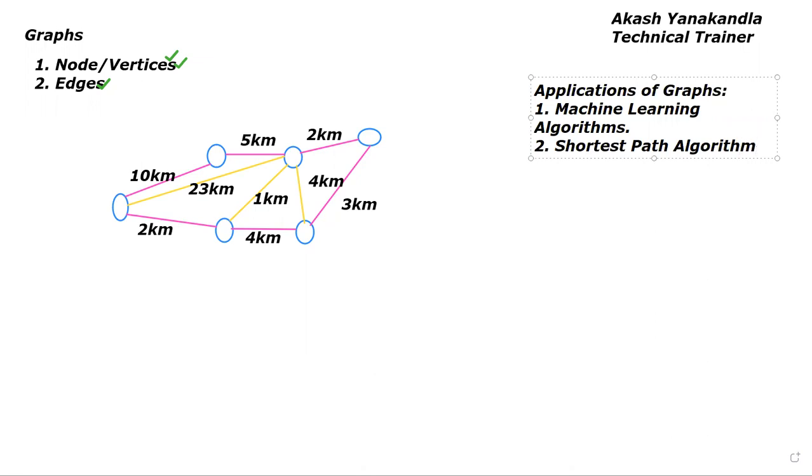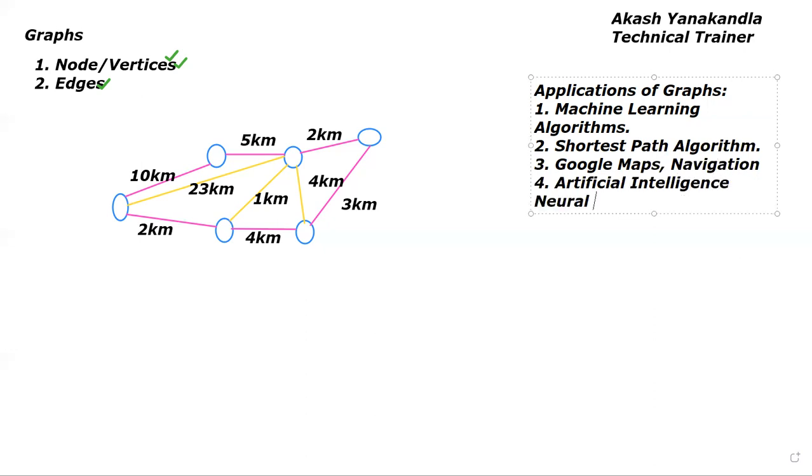So what does Google Maps use? Google Maps is nothing but a fully functional, advanced application of graph theory: navigation and all that stuff. It also has a major application in artificial intelligence and neural networks. Is that clear?